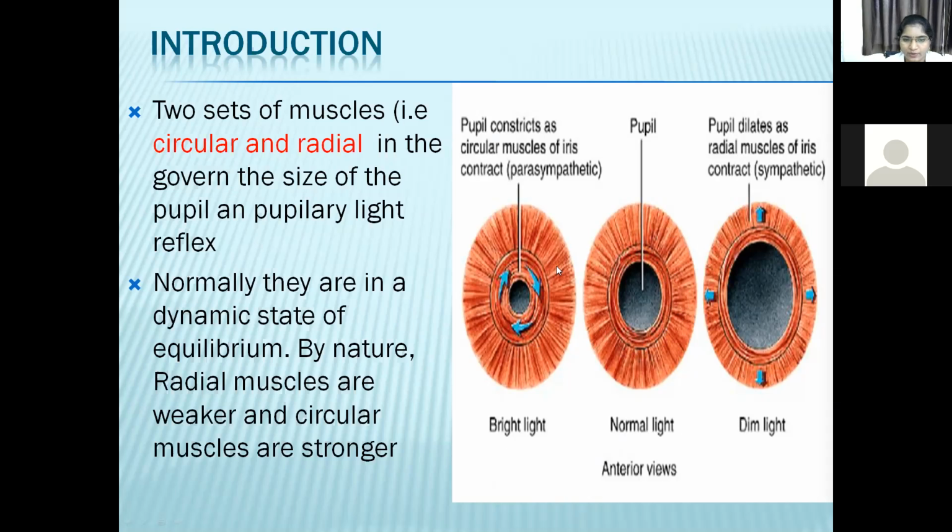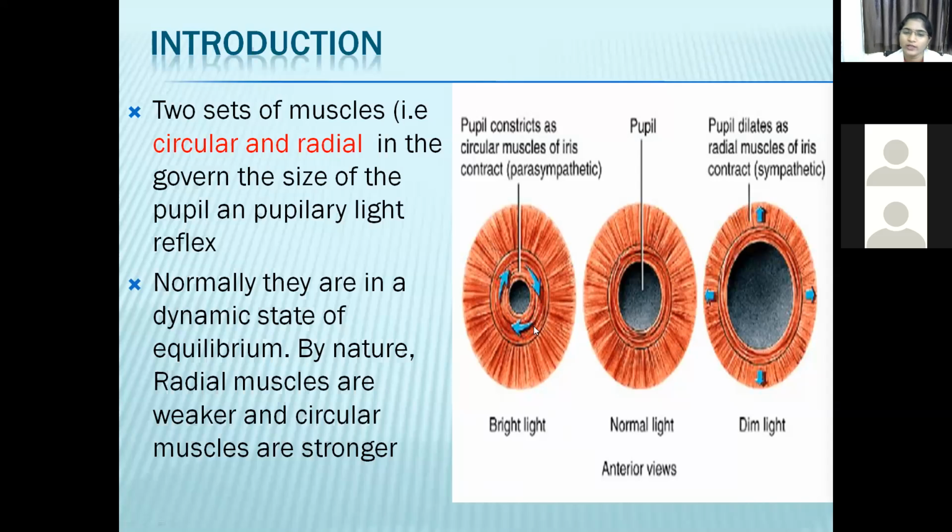Then we can focus our bright light. Here you can see the circular muscles contract and the radial muscles are normal in bright light.